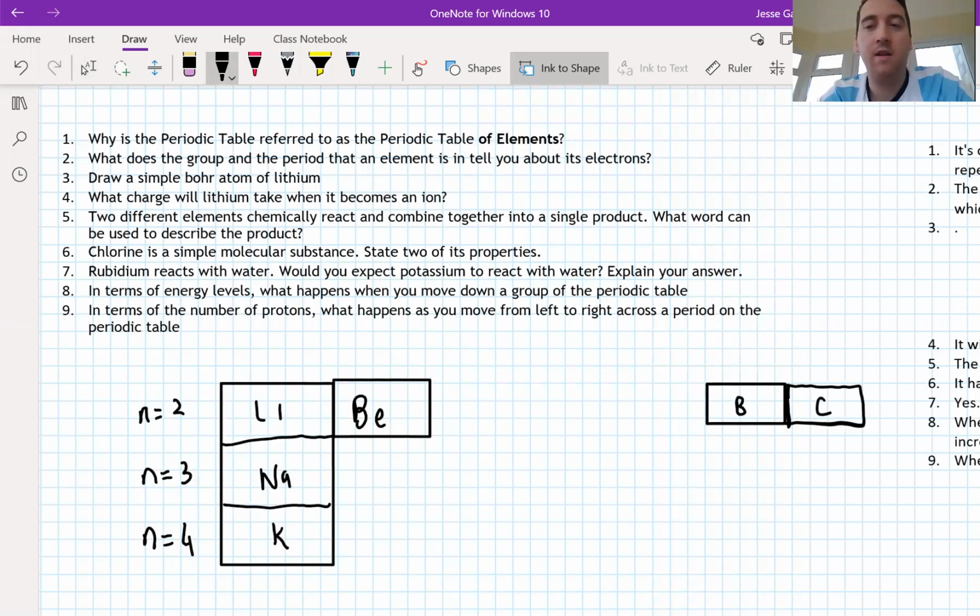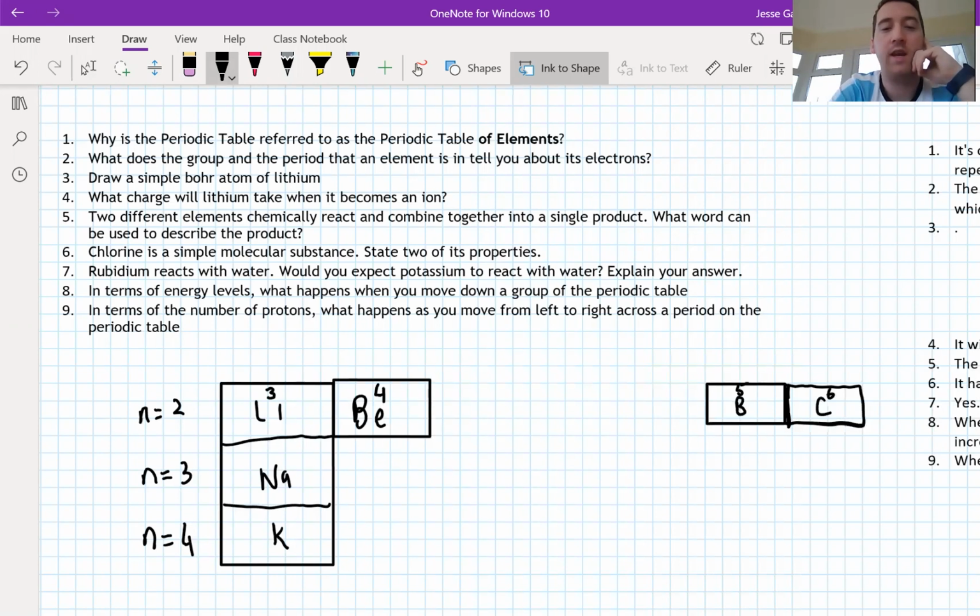Okay, so what's happening in terms of the number of protons as we move across the periodic table? Well, of course, we have learned that it's the atomic number that tells us the number of protons. Now, the atomic number of lithium is 3. It's shown on the periodic table as the smaller number attached to each element. So lithium is 3. Beryllium beside it is 4. Boron beside it is 5. And carbon is 6.